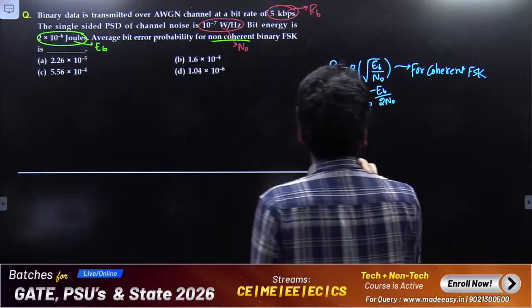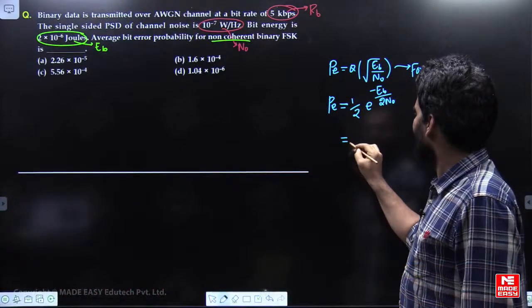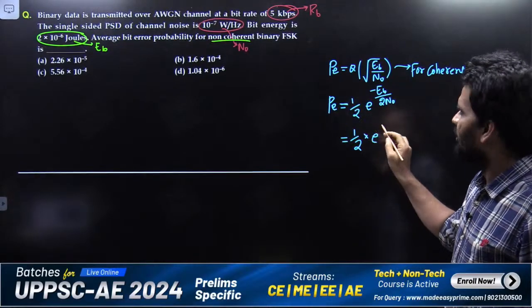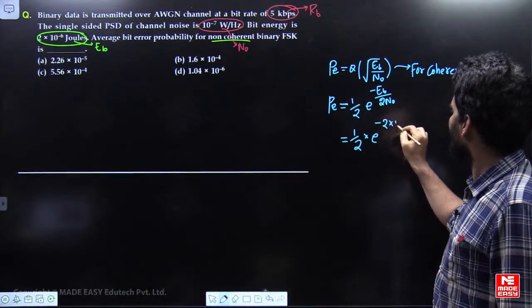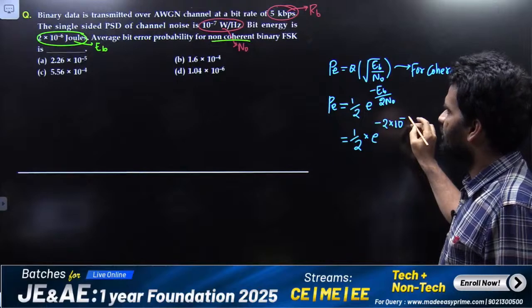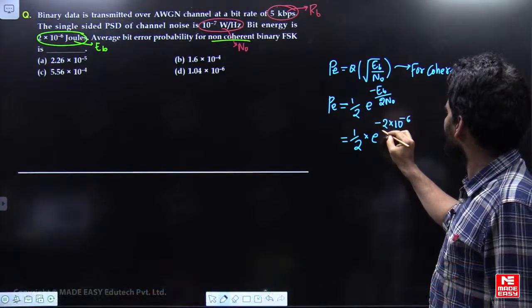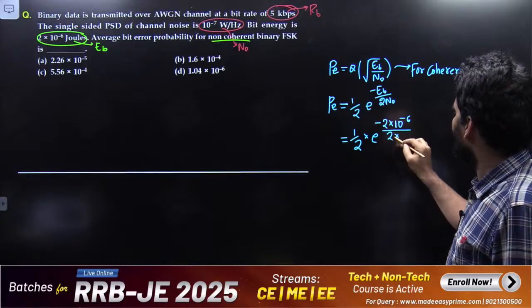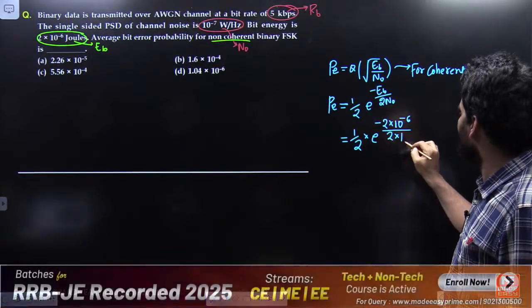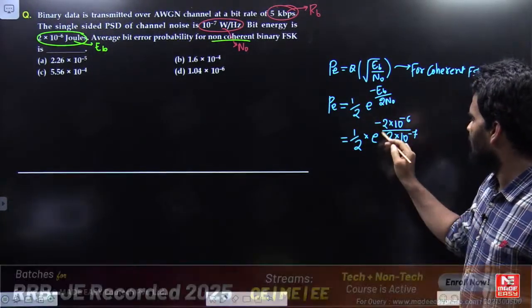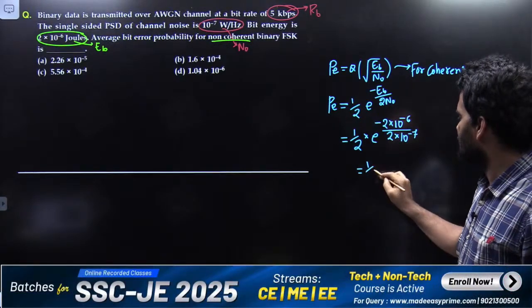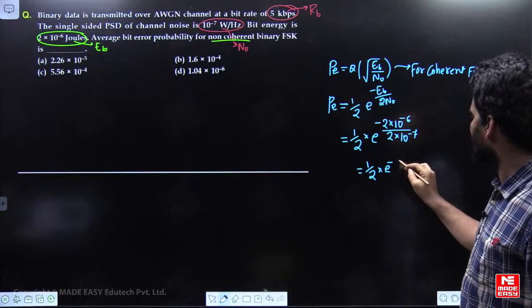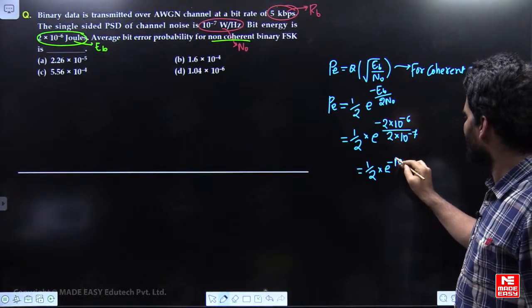If you substitute here, this will be half into e power minus 2 times 10 power minus 6 upon 2 N naught. N naught is 10 power minus 7, so the 2 will be cancelled.